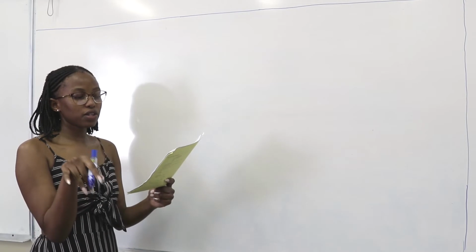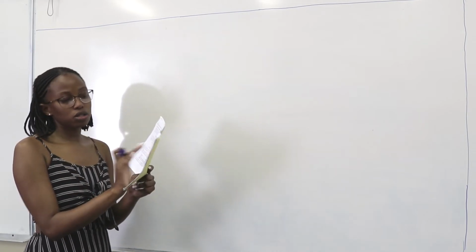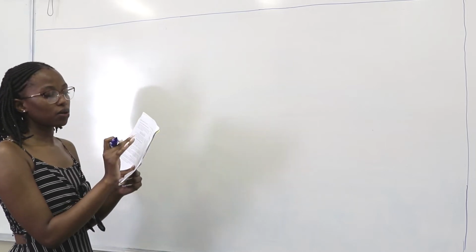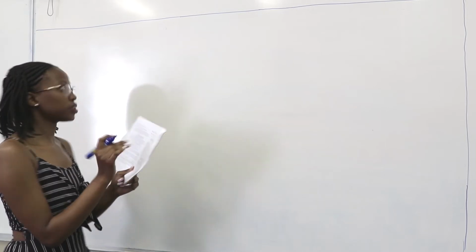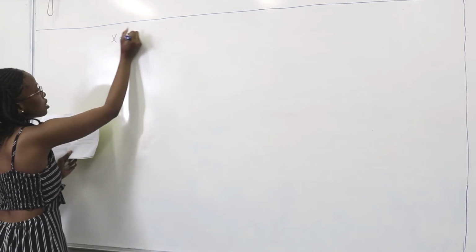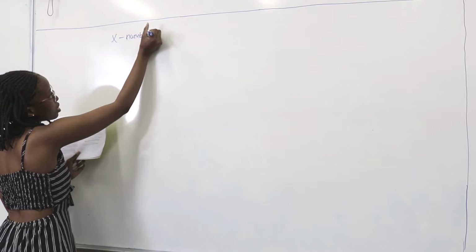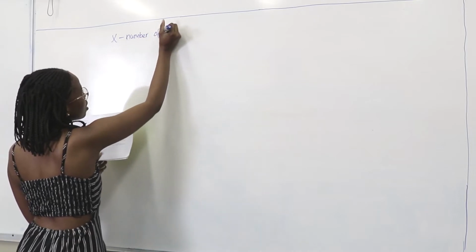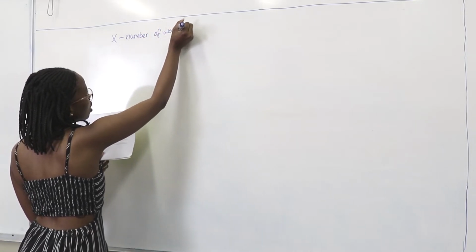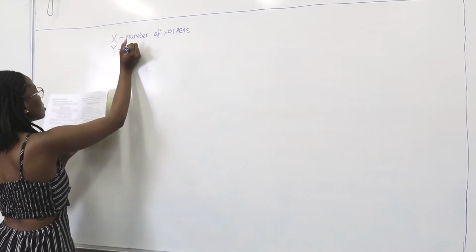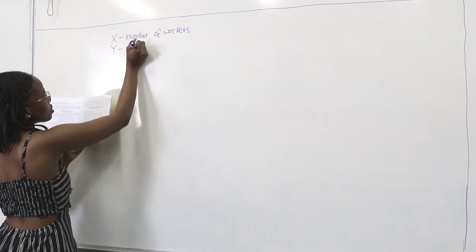So our dependent variable will be the units produced, and our independent variable will be the number of workers. So our x is the number of workers, which is our independent variable, and then our y is our dependent variable, which is the units produced.